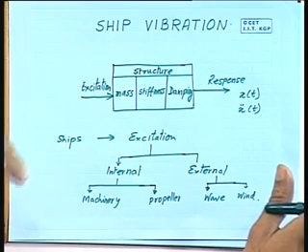It may be high speed, slow speed, or medium speed. Now, if it is slow speed, it is directly connected to the propeller shaft. If it is medium speed or high speed, then it is connected to the propeller shaft through the gearbox. So, one shaft is coming from the main engine and another one coming out from the gearbox.